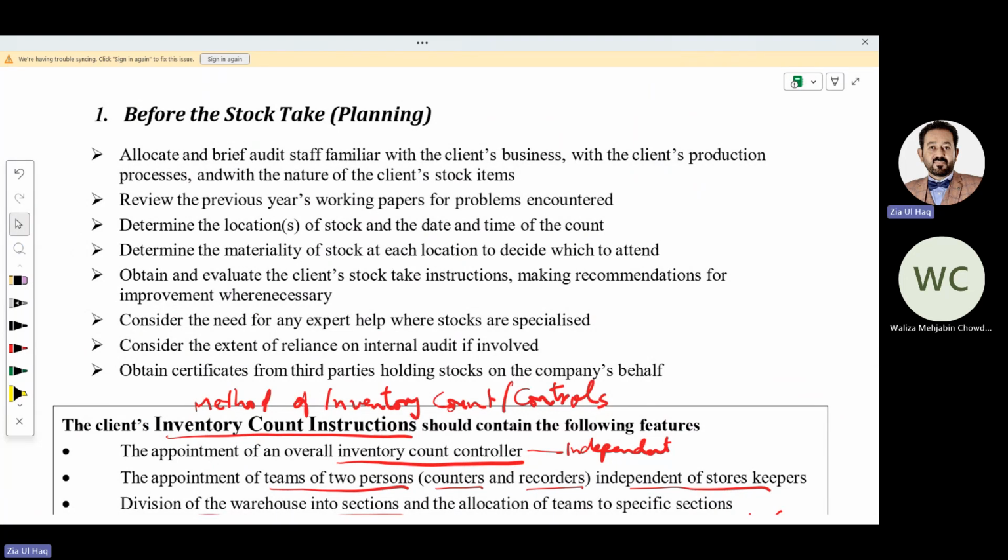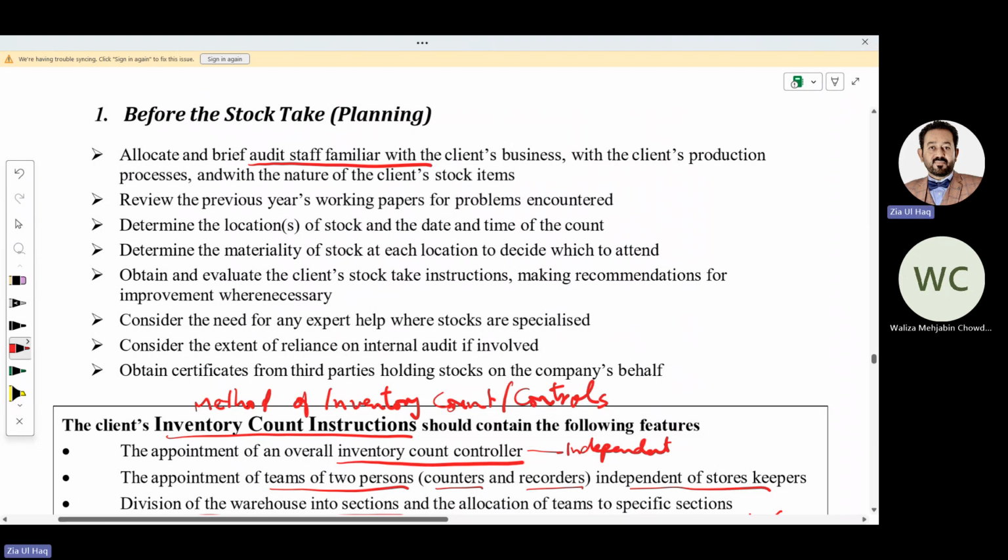Before count, we need to make sure our audit staff who is going to attend inventory count is familiar with the client business knowledge and the inventory. If he doesn't have knowledge about inventory, he will not be able to see whether inventory is properly counted or not.